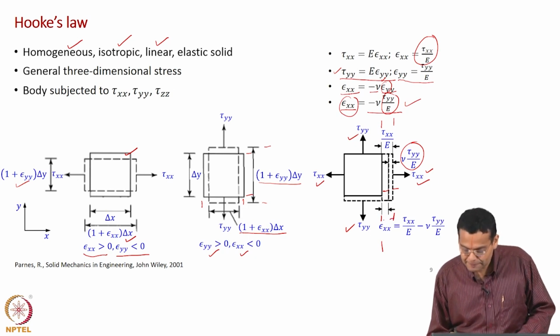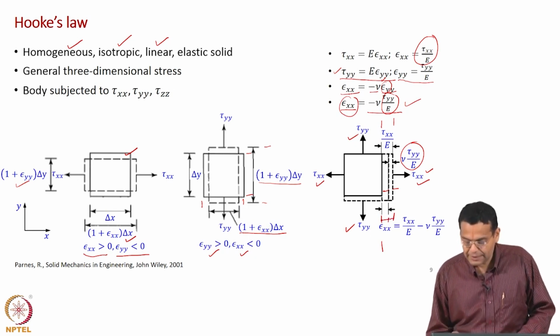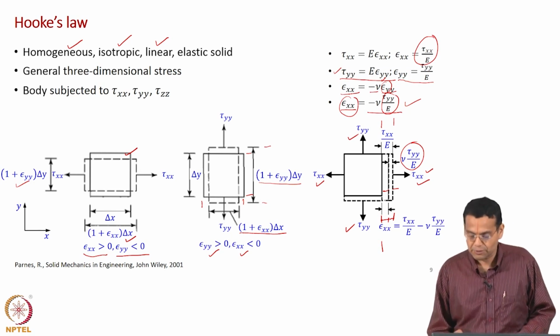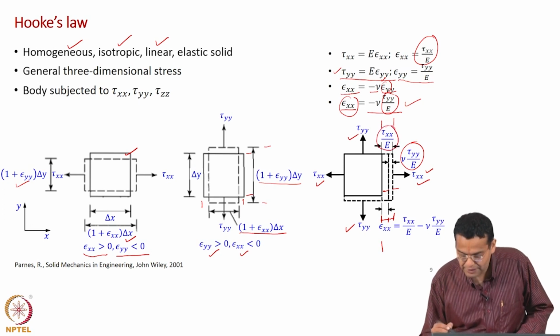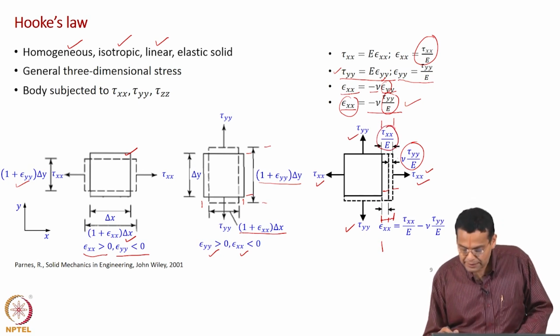So, the net increase in length is only so much, that is what is shown here. The total is shown here, tau xx by E, and the contraction because of tau yy is shown here, the net is shown here.